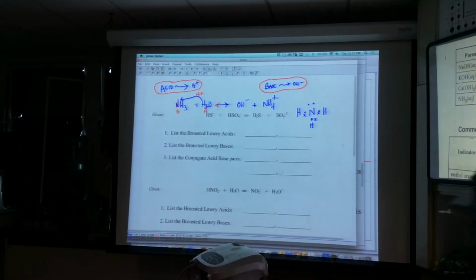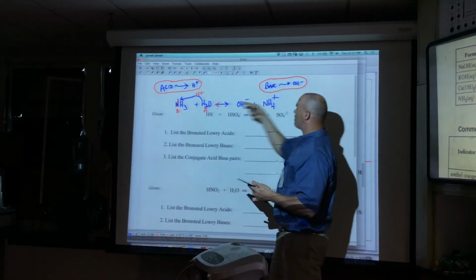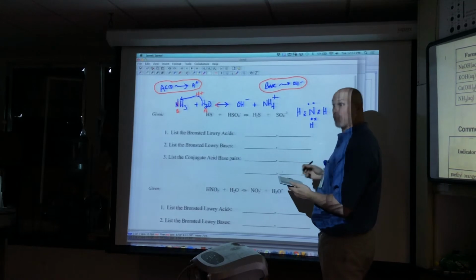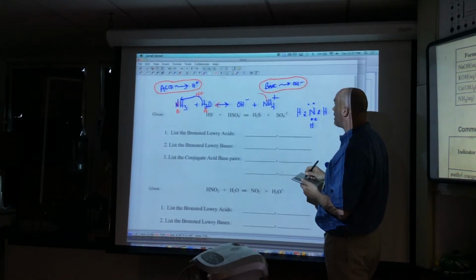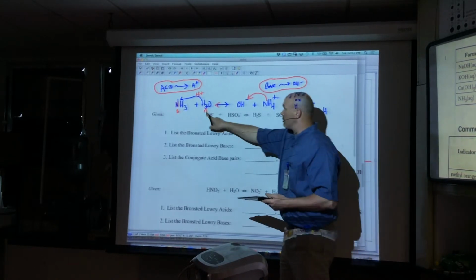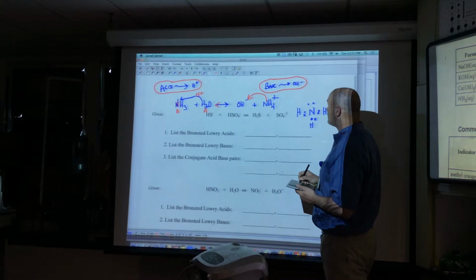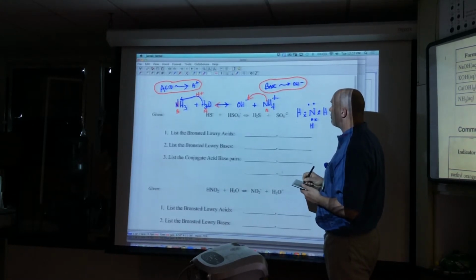Well, look. How does NH4 plus become NH3? It gets rid of an H as it goes in the reverse, so this must be donating an H plus. When you donate an H plus, what are you called? An acid. And when you accept an H plus, you're called a base.